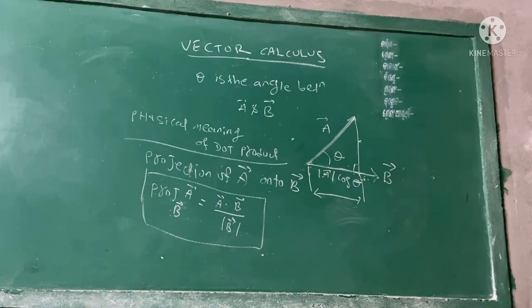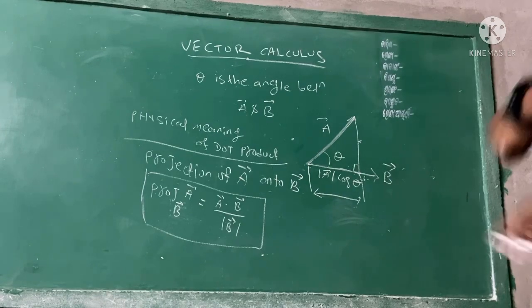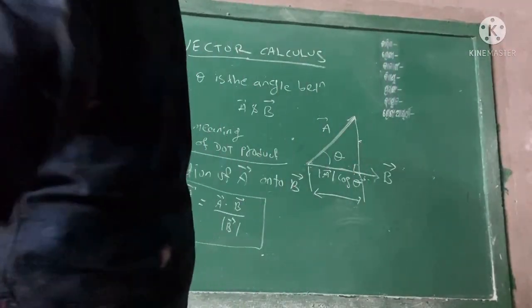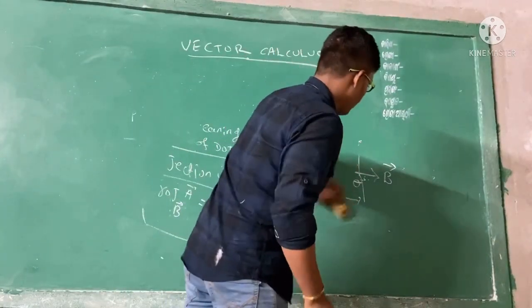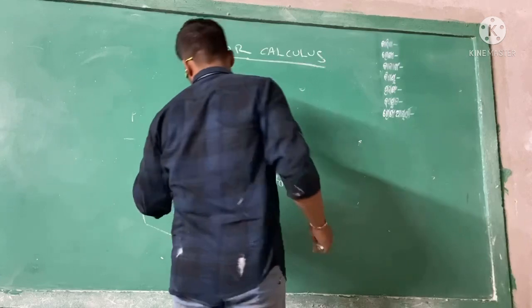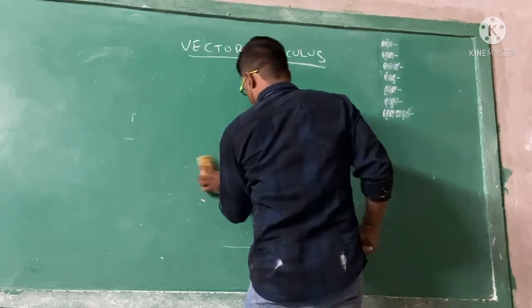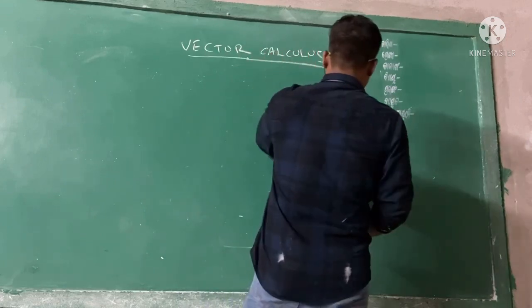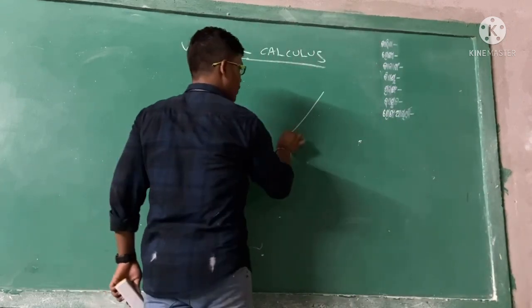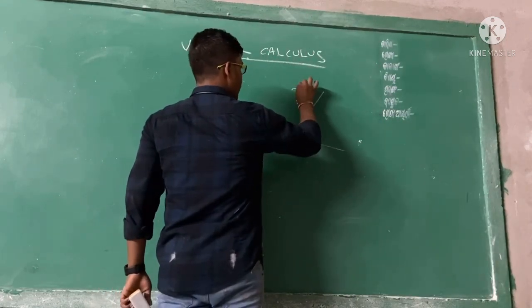So we know the magnitude, direction, then addition, then subtraction, then how to represent a vector, then the unit vector along x-axis, y-axis, z-axis, then the addition, subtraction, then the multiplication. So one of the multiplication is the dot product, and another is the cross product.